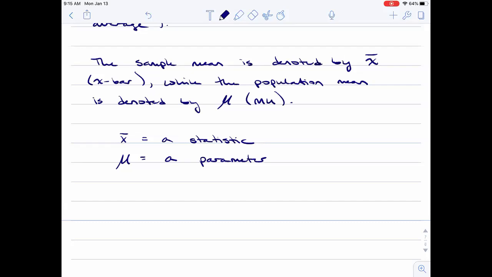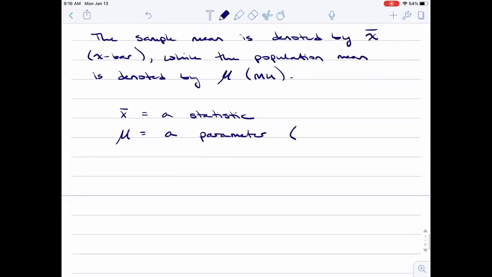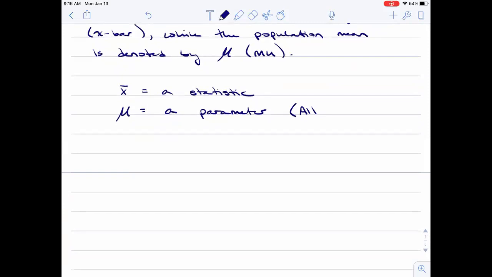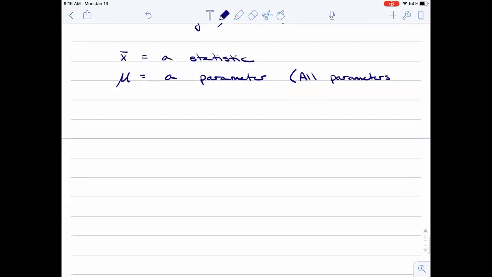The easiest thing to remember is that all the population things will be denoted by Greek letters. All parameters will be denoted using Greek letters.